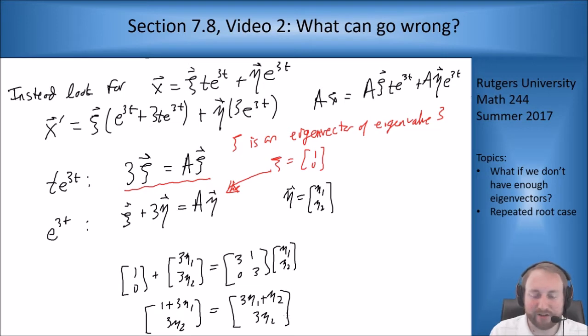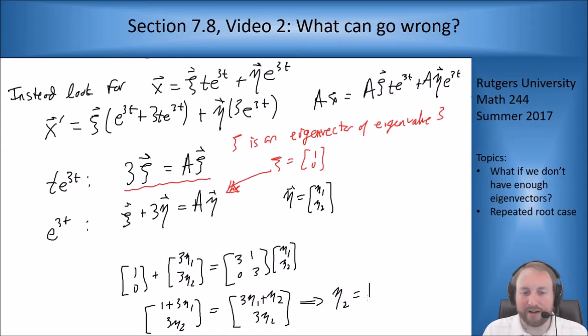If you write this out as a linear system and cancel things on both sides, what you'll end up seeing is that eta 2 has to be 1. It gives me no condition on eta 1, but I might as well set it to be 0 because I know that 1, 0 already satisfies my equation, so I can just pick 0 and be fine. So the vector I want here is eta to be the vector 0, 1.